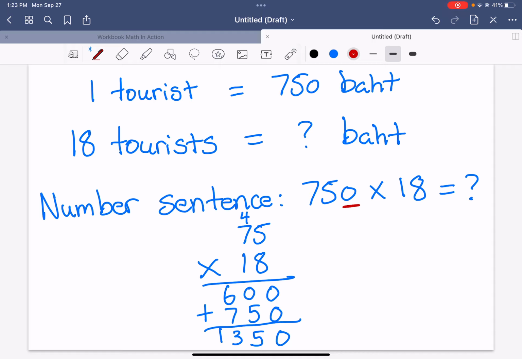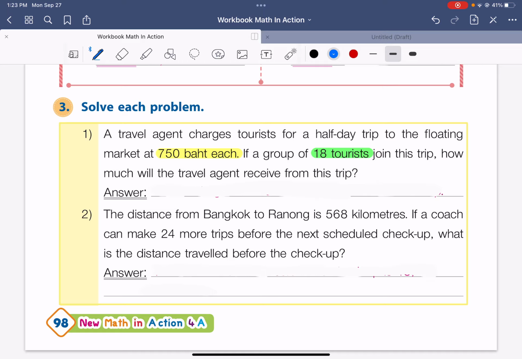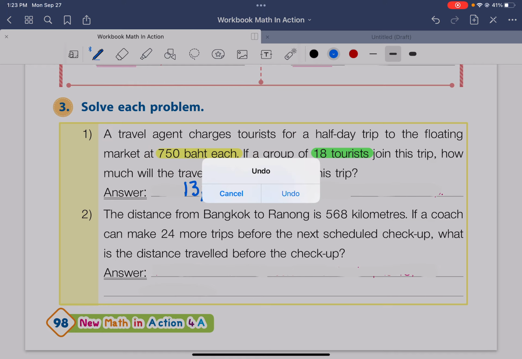Add back the 1 0, right? We're going to bring it back down. 0. We end up getting 13,500, right? So we're going to write 13,500 baht. Right.